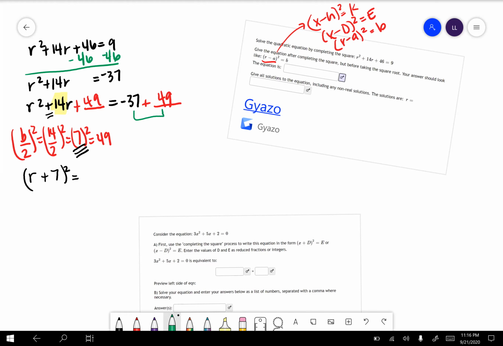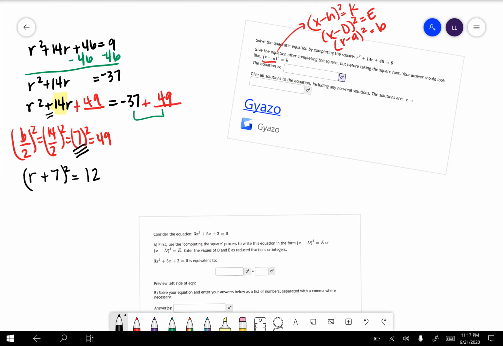Negative 37 plus 49 is actually equal to 8. No, it's not equal to 8. It is equal to 12. Check the math, go to Desmos, make sure we get 12.